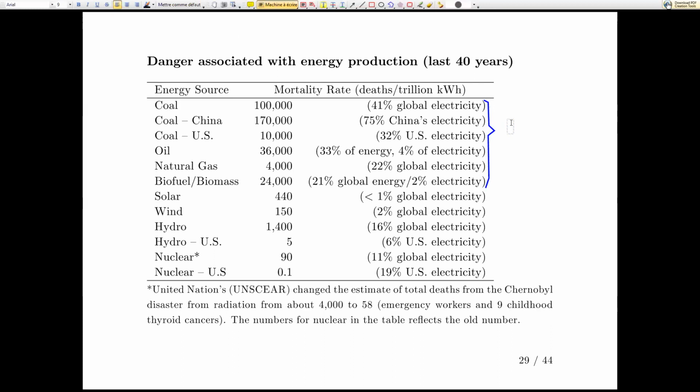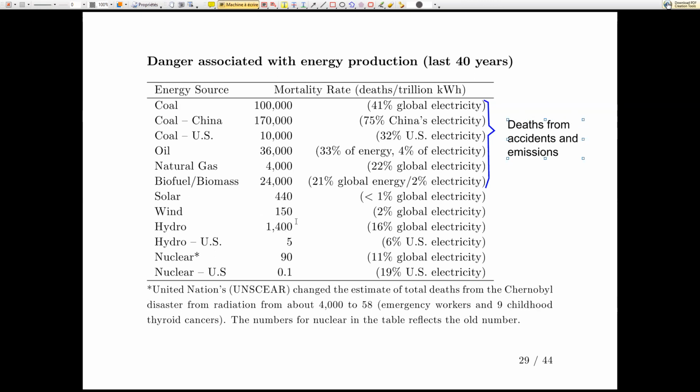That's from accidents and emission. Hydro, these don't cause a lot of deaths. Hydro, I was surprised when I saw this.